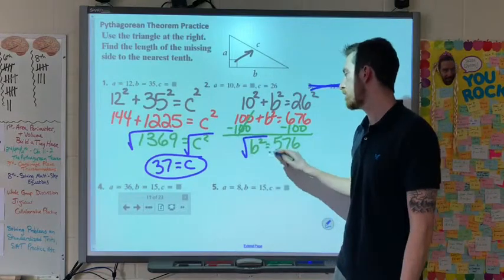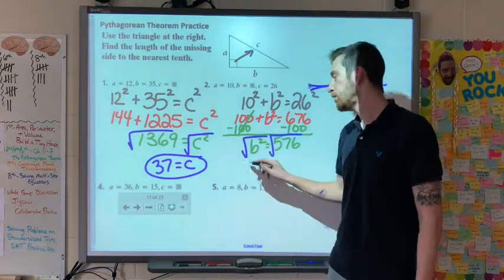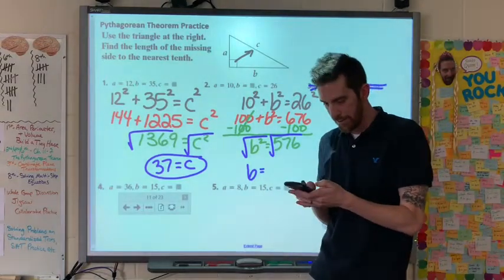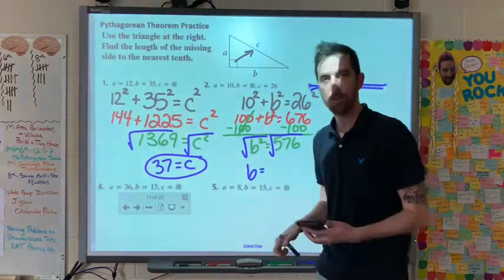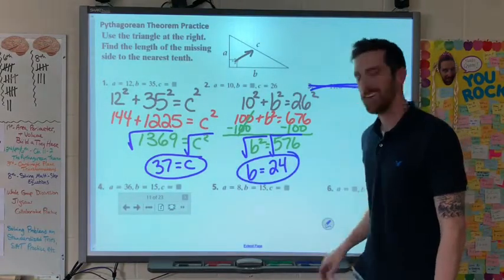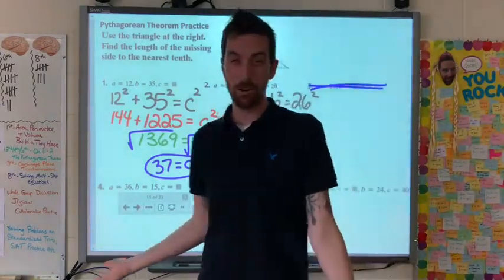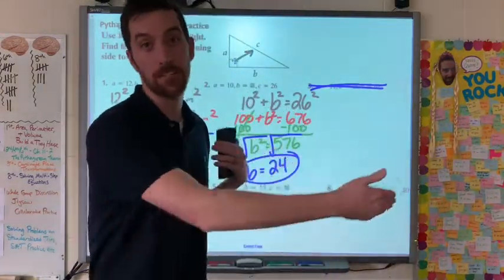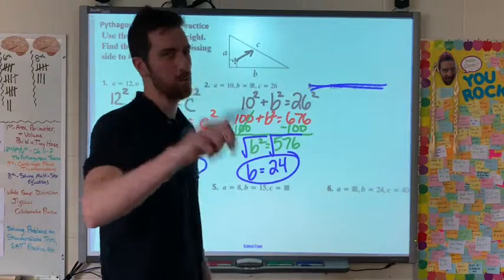So we square root both sides. The square root of B squared is B. The square root of 576 is 24. And again, why do we not use negative 24? Yeah, exactly, because there can't be a negative side length. You are so smart.